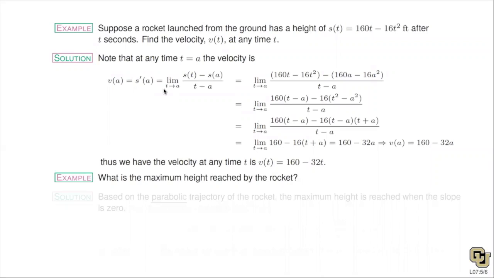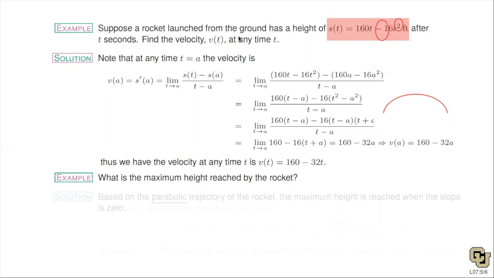So I ask a follow-up question: what's the maximum height reached by the rocket? This uses the geometry of the information that's given. If you look at the position function, it's a quadratic, so I know it's a parabola, but it's got a minus sign in front. So I know the trajectory is going to look something like a parabola, and it'll reach its maximum height.